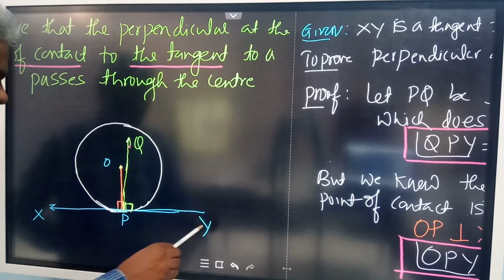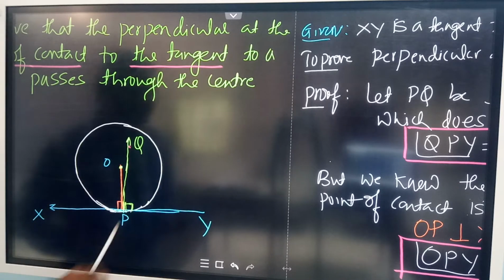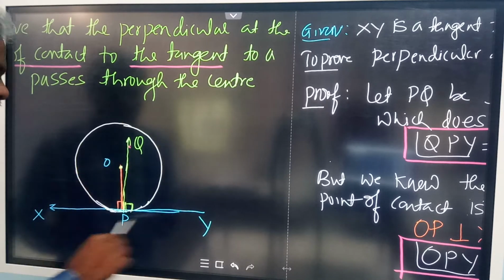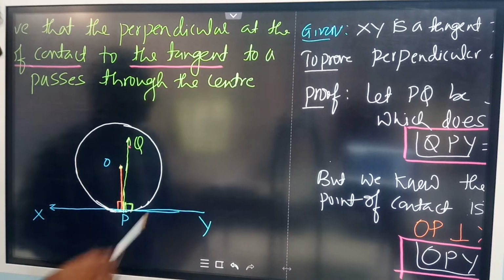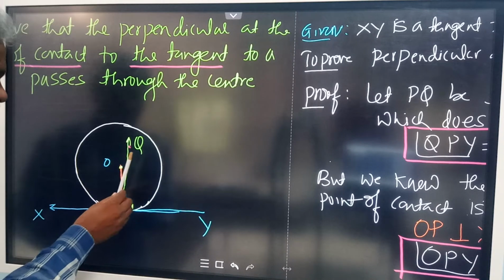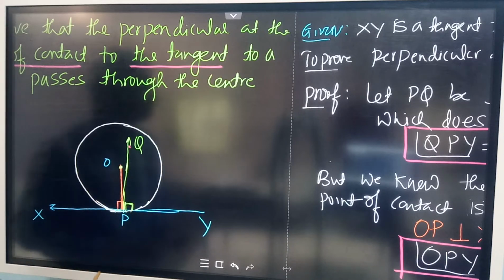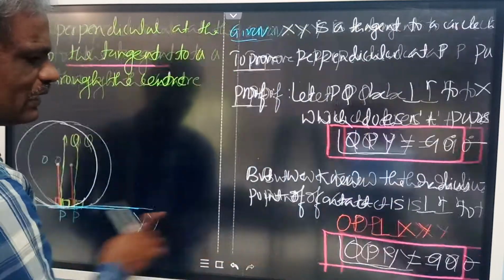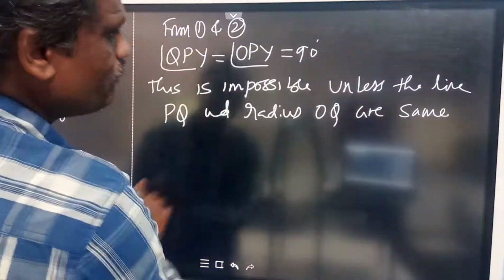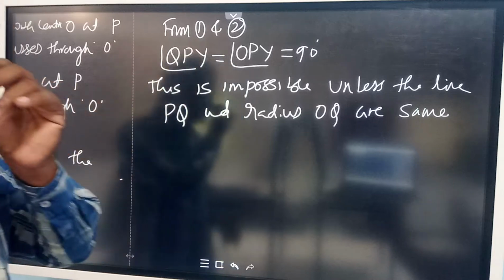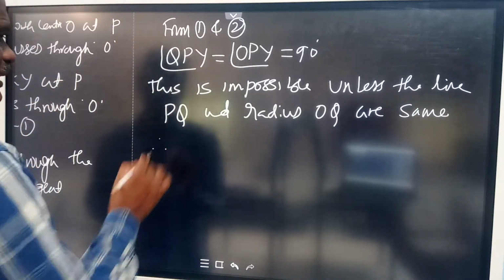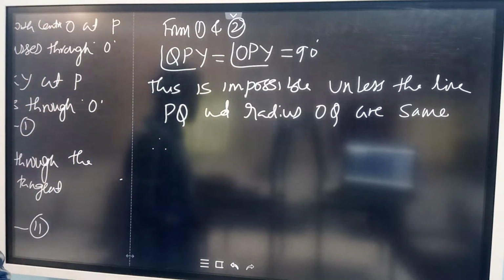This is perpendicular to XY, OP is also perpendicular to XY. So QPY is 90 degree, OPY is 90 degree. It is impossible unless these two coincide with each other. So therefore this is not possible, our assumption is wrong. Therefore, what is the conclusion you can write here?